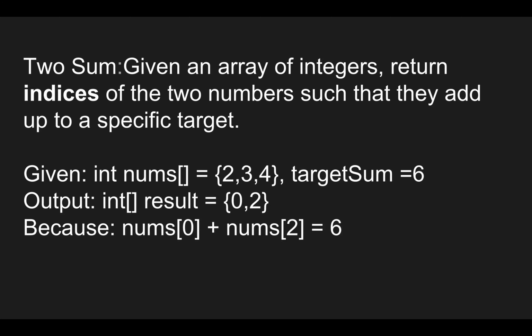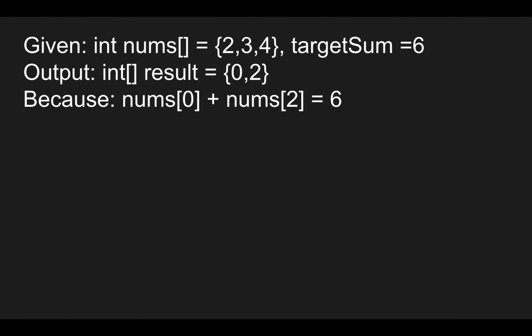There are various approaches to solve this problem. One of the simplest approaches, also known as the brute force approach, is to iterate through each element of a given array and find if there is another value that is equal to target sum minus element. So let's try to understand this with the help of an example. We are taking the same example. In the given integer array, we start with a value 2 and index equal to 0.